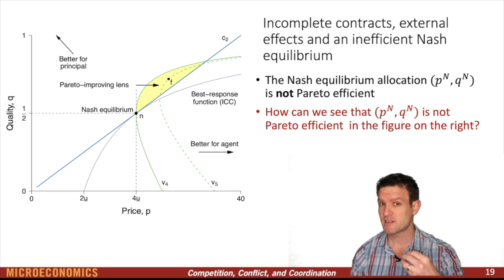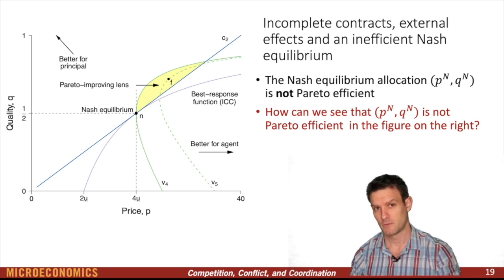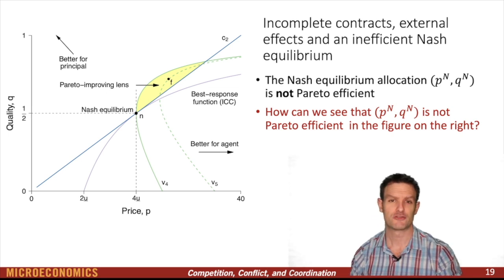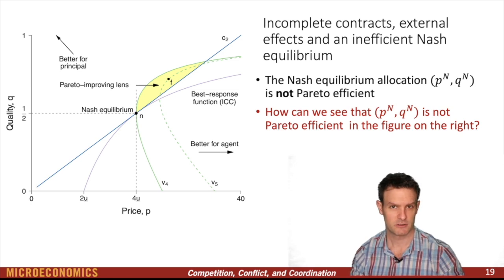Now, to answer that question, remember the definition of Pareto efficiency. An allocation is Pareto efficient if there exists no alternative allocation that is Pareto superior to it. So what that means is we have to try to find an alternative allocation that is Pareto superior. If no such allocation exists, then an allocation is Pareto efficient.